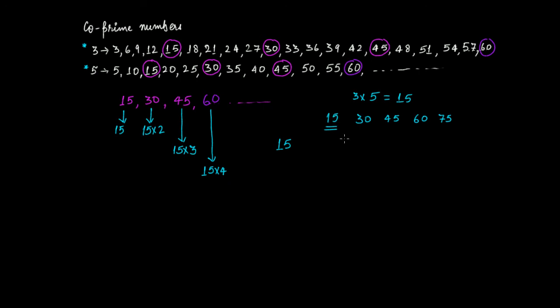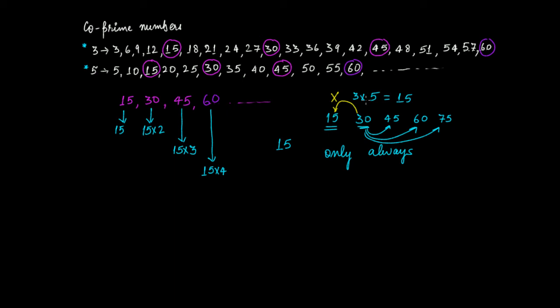Why? Always. I said only and always. Why only? Because 15 is the only number which can always divide the other common multiples, all the other numbers which are divisible by 3 and 5. So if you have two co-prime numbers, and you get the common multiples of those two co-prime numbers, the first common multiple will be the product of those two numbers.